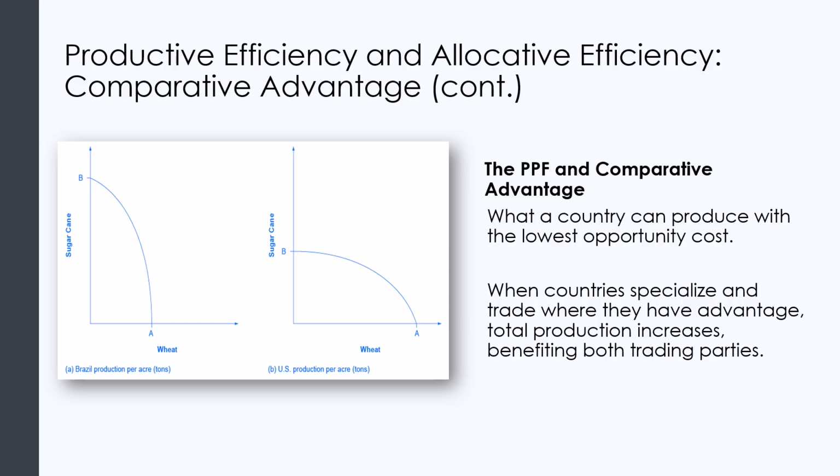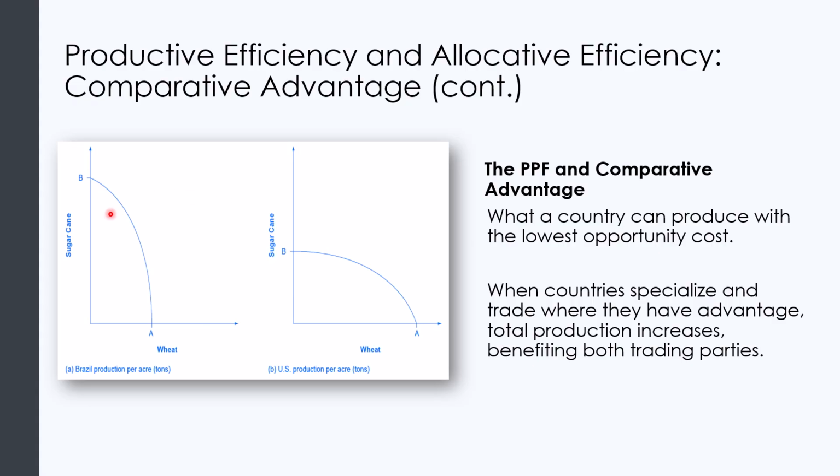In other words, when are they most productively efficient? So here we can see two countries, Brazil and the US. Both countries produce sugar cane and wheat, but they have different combinations of being productively efficient and allocatively efficient.